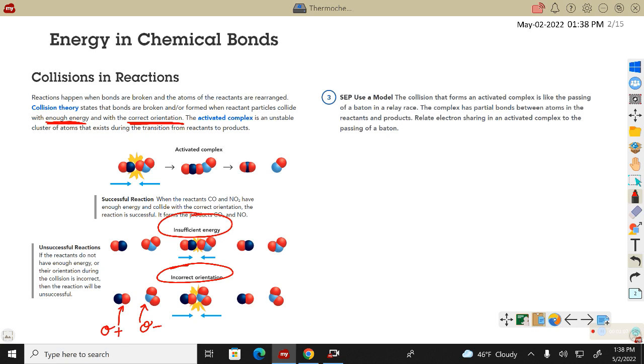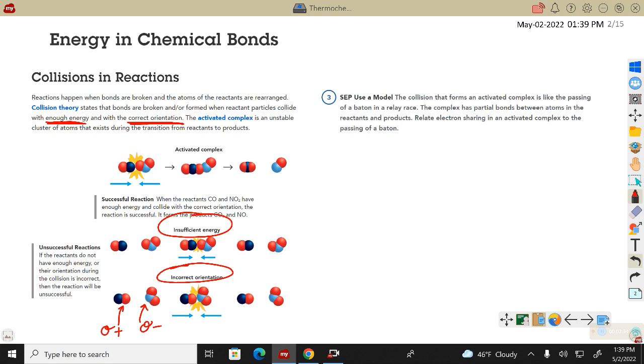Well, I might want those particles to collide in an orientation that would be likely, where opposite charges attract. But if I have those particles oriented so that a partial negative would be next to a partial negative, then it's unlikely that the particles will collide. They would repel from each other, right? So we need our particles to collide in the right orientation with sufficient energy.